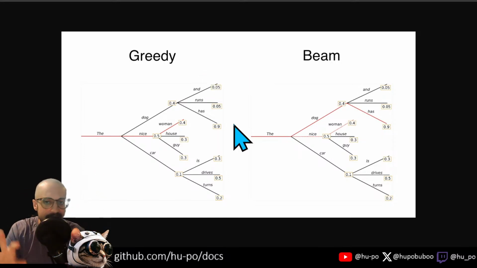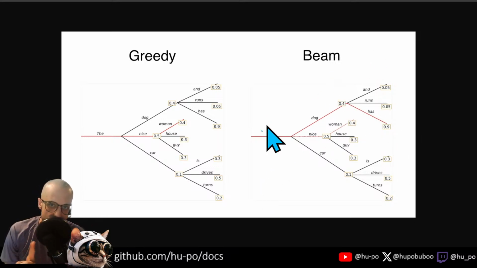And there's a lot of different types of searches like this, right? So greedy and beam is not just the only two options. There's like a million different variants of these, and they all have all kinds of names. But beam search, you can see here, it's doing something a little bit more nuanced, where it's actually looking further ahead, right?